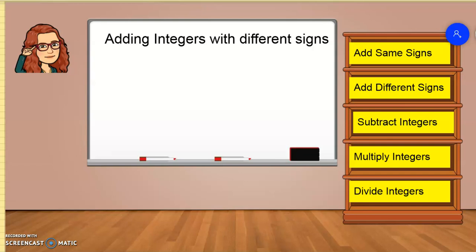So if I have here 29 plus negative 12, again we'll enclose the negative 12 in parentheses to avoid confusion with the plus sign and the negative sign here. So the answer will be positive 17.